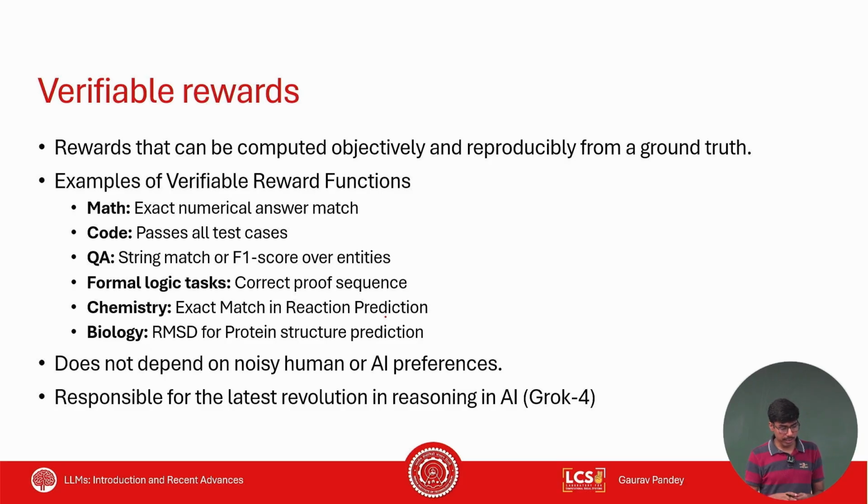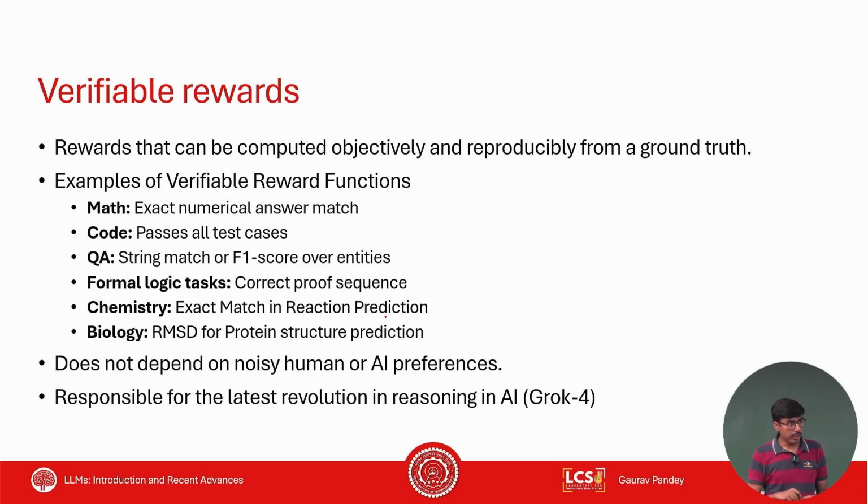So if you have the unit tests, you can run them on whatever code the model generates and then give the reward based on correctness. In the case of question answering, especially factual question answering, you can match. Like if our question is where is the Taj Mahal, then if the word Agra comes into the response, it's very likely correct. So you can do simple string matching.